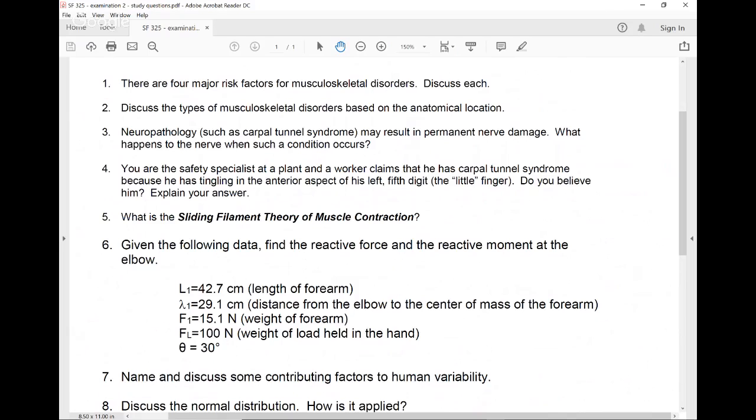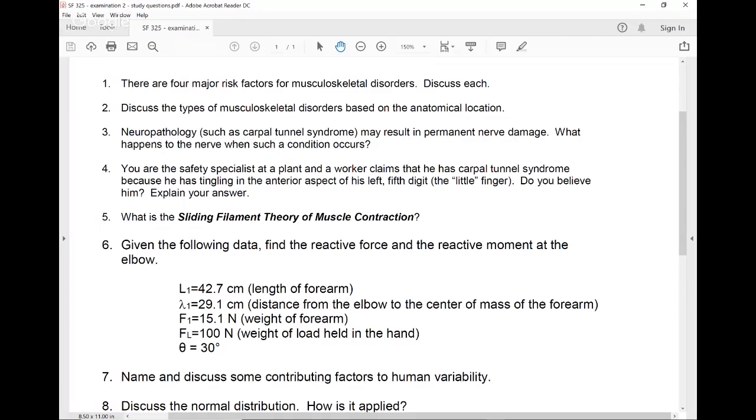So biomechanics plays a big role in the formation of MSDs, and that's not just looking at genetics between people, but also the biomechanics of a job. So it's not just looking at anatomy, but also the type of work that you're trying to do.